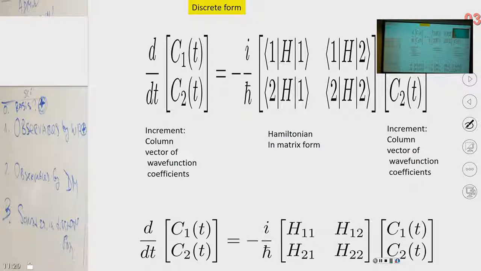So instead of an operator cast in the form of differential operators, it will be just a set of numbers in the matrix. And solving the time-dependent Schrödinger equation is equivalent to solving a set of first-order differential equations.